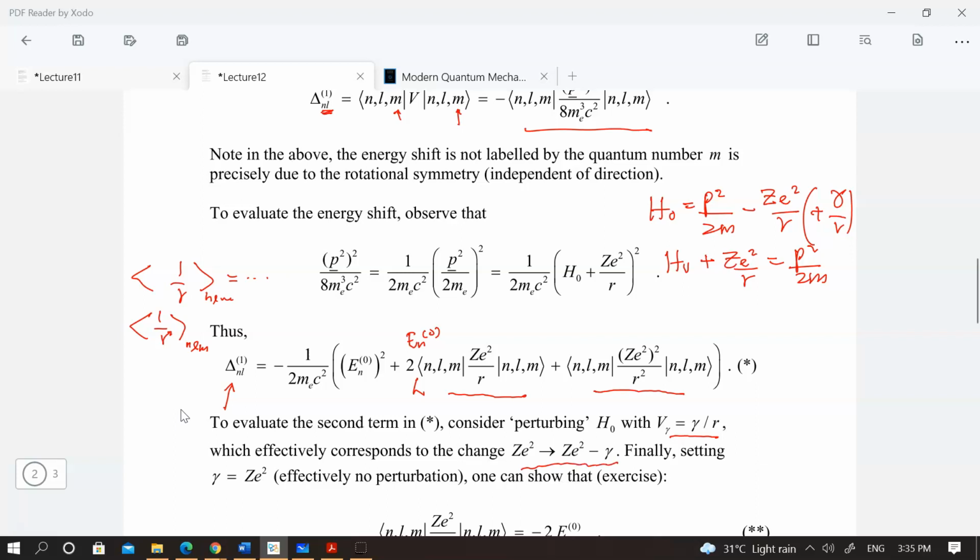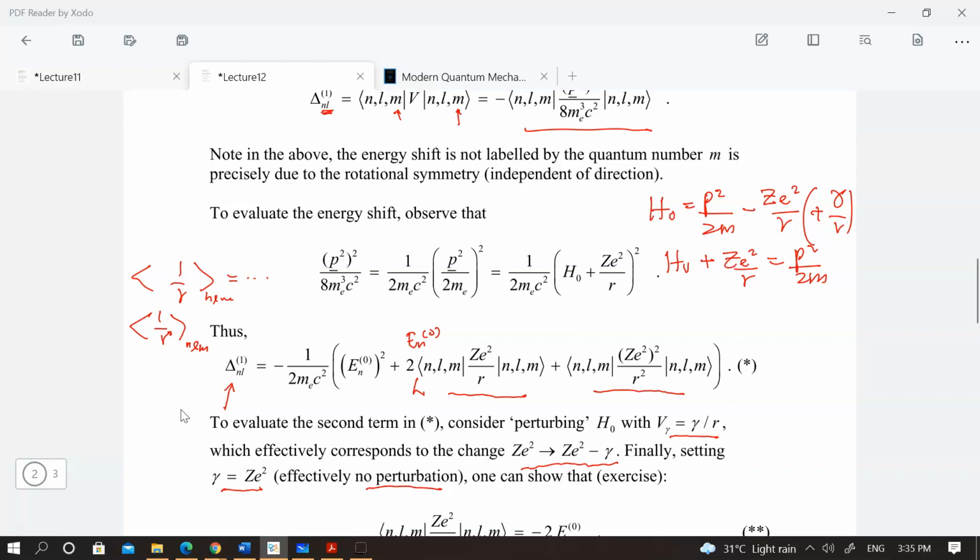So then over here, you can evaluate this directly if you want to, or you can use perturbation theory. If you use perturbation theory, finally, you set gamma back to be Ze squared. In other words, it goes back to the case of no perturbation.